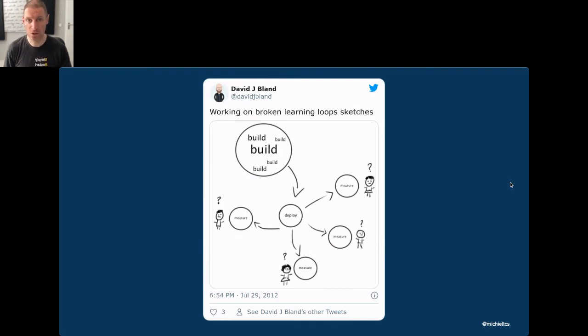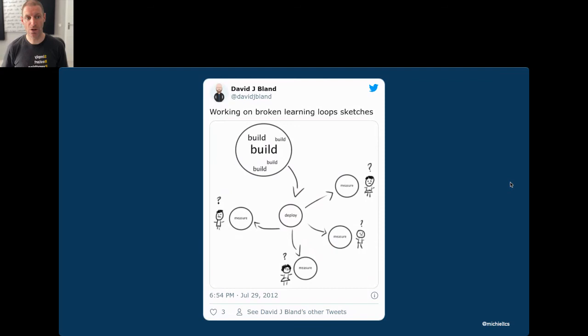We deploy once in a while, and we measure some stuff, and the measurements typically don't end up with the people doing the building. So there's a lot of measurements, but those measurements are typically left with the people doing the measuring, which do not have the context of the people doing the building. And the key to working feedback loops is actually having those measurements connect back to the people doing the building.